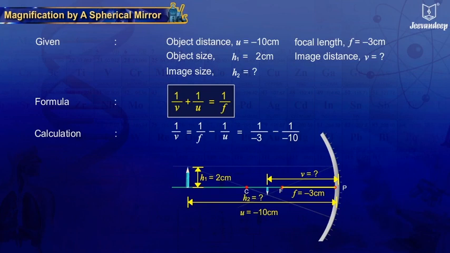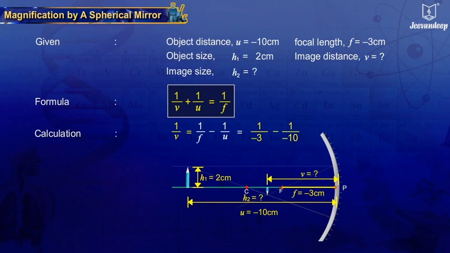Putting the values of f and u, we have 1/v = 1/(-3) - 1/(-10).